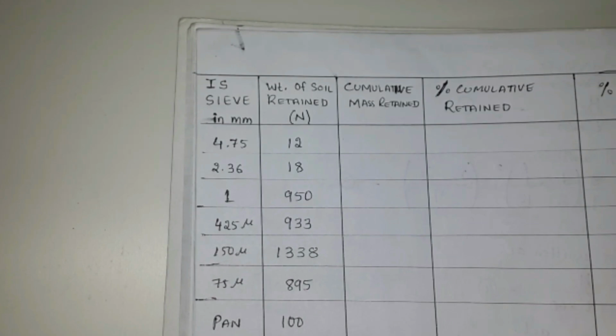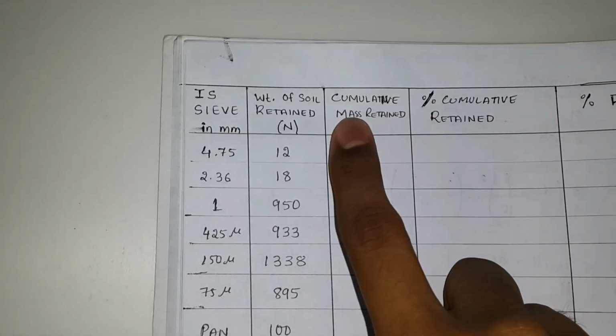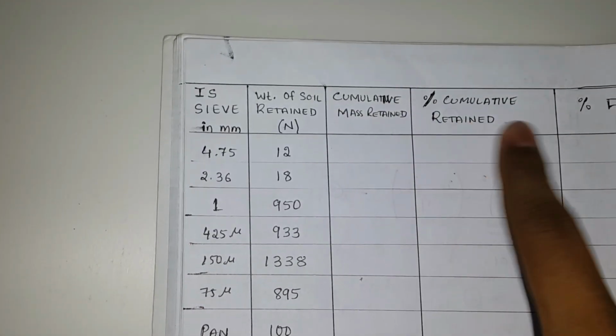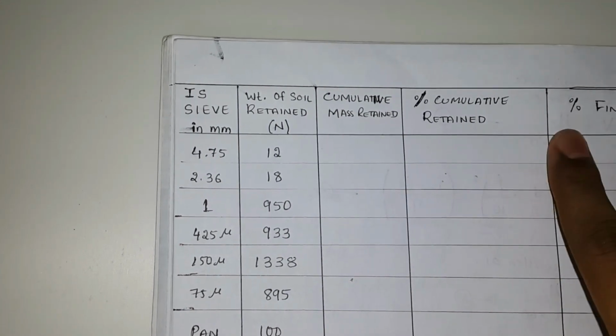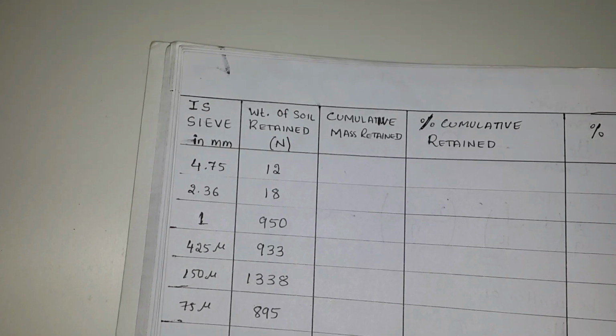Now prepare the table: IS sieve size in mm, weight of soil retained in Newton, then cumulative mass retained, then percentage cumulative retained, and last one, percentage finer or percentage passing.